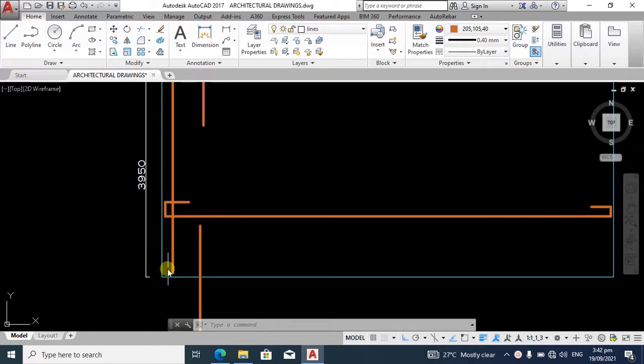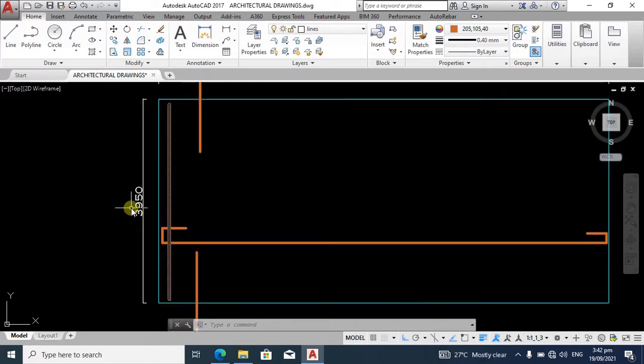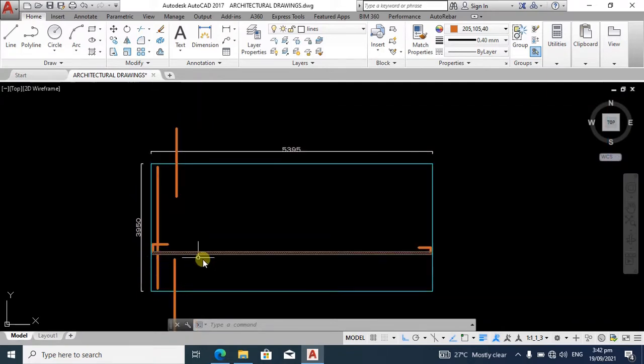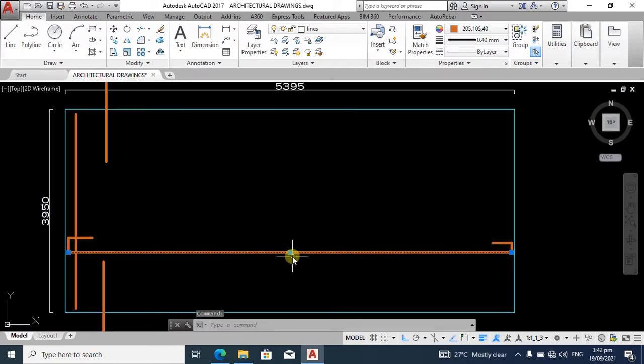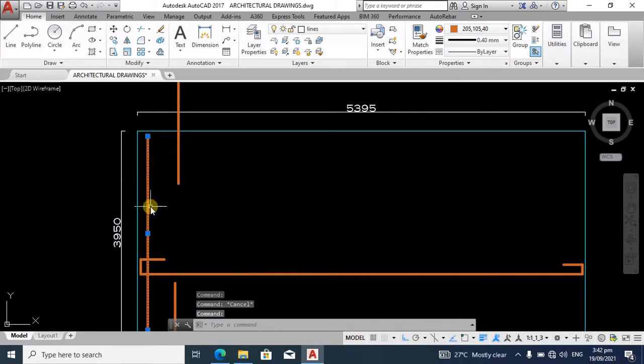The short span reinforcement is going to be arranged along the shorter span, while the long span reinforcement is going to be arranged along the longer span. This reinforcement is the long span reinforcement, while this other one is the short span reinforcement.